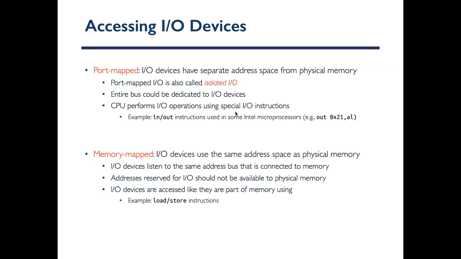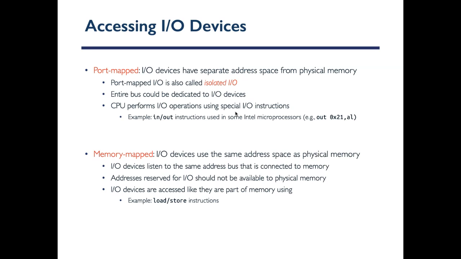Whenever you use these instructions, the architecture knows that it has to use the separate I/O bus. Whereas if you use store instead of out, the architecture knows that it has to use the bus that connects the CPU to the memory to communicate with the memory instead of I/O.